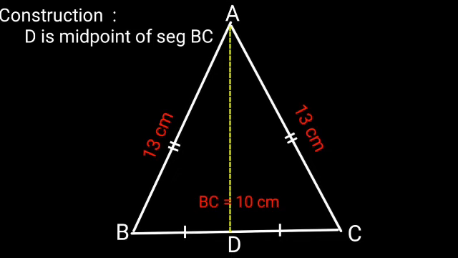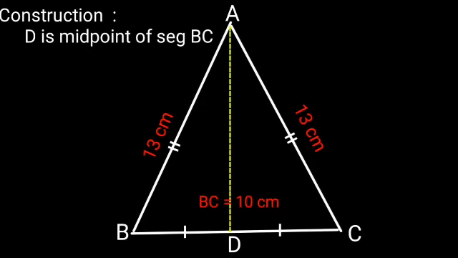Triangle ABC, we are given this triangle is an isosceles triangle. AB is given 13 cm, AC is given 13 cm, and base BC is given 10 cm.